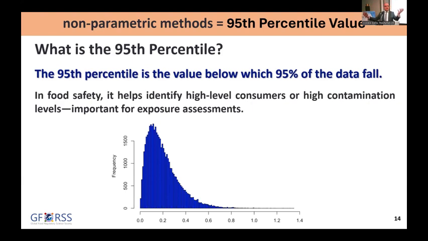So if you lower your occurrence, you are lowering your exposure assessment and you are underestimating the risk. This is why you need an occurrence that is real, but at the same time covers up to 95% of the data, to be sure that you are securing all types of possible scenarios. And then you will run your risk assessment to see if this level of exposure is risky or non-risky.